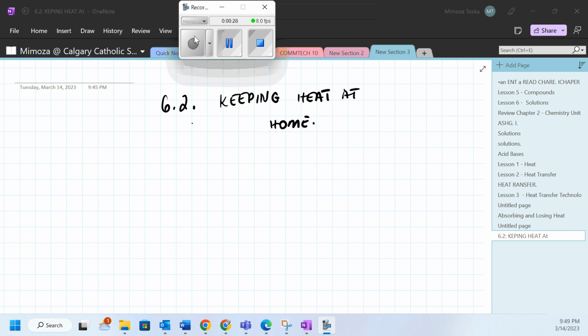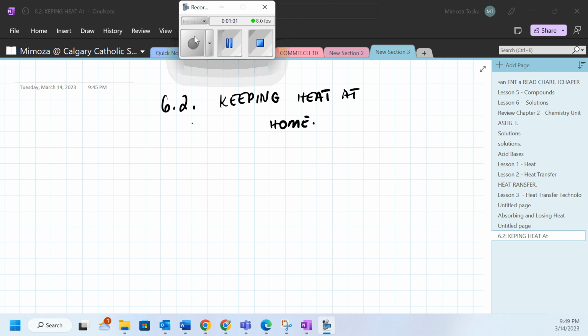Now, in the Canadian winters, which are very harsh, temperatures go deep into -20, -30, and sometimes even -40, heat leaks through windows, doors, walls, and roofs in our home.